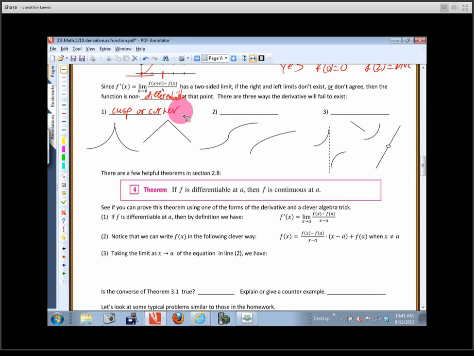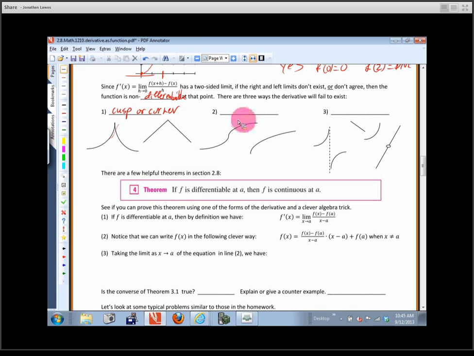And the reason we can't have a derivative there is, think of these right here. These are all positive slopes. And then in an instant, it flips to negative slopes. There's no way a positive slope is going to equal a negative slope. So whether it comes to a cusp, so 2 curves coming to a point, or 2 lines coming to a point, the point is we have a corner. The 2 sides aren't going to agree as far as slope goes.